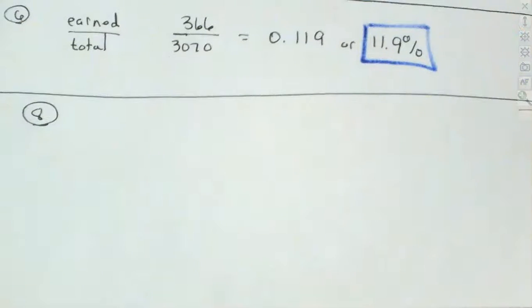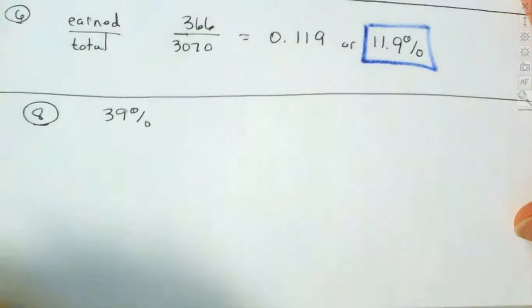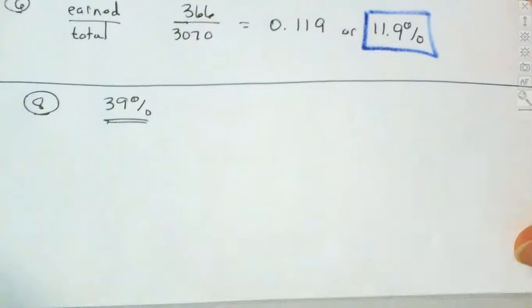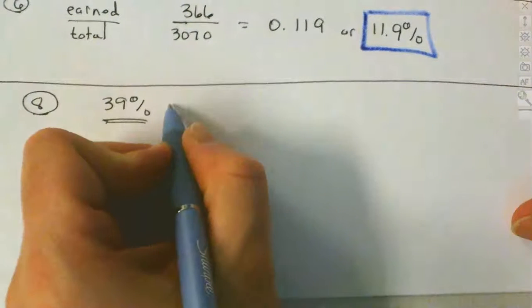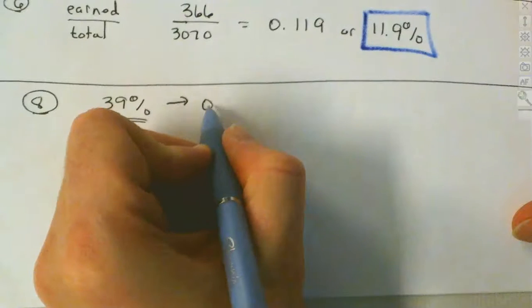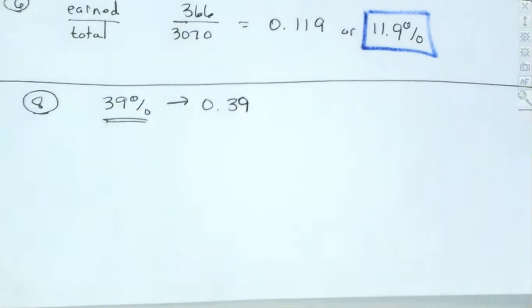Question 8. The 39% is what number of 68? Okay, so how would we set this up? Now, first thing we need to do whenever we work with percentages is we need to turn this into a decimal. So we got 39%. So as a decimal, that's going to be 0.39.